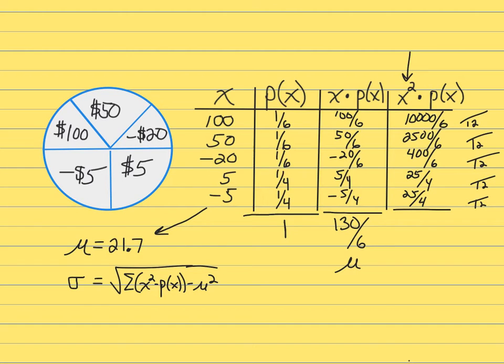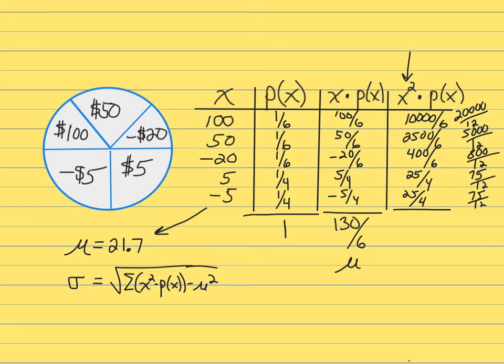Anything with a 6 in the denominator that we're converting to a 12 means we're doubling the denominator, so double the numerator. 20,000 twelfths, 5,000 twelfths, 800 twelfths. 4 goes into 12 3 times, so we triple the numerator for fourths: 75 and 75.